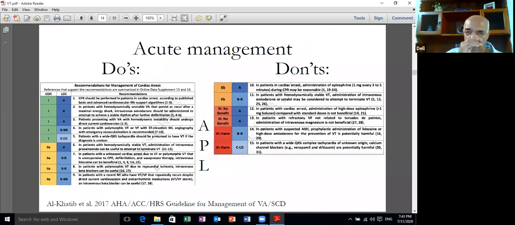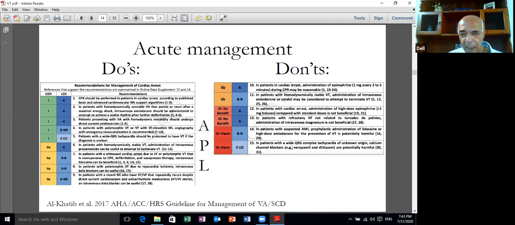Now, the guidelines: I wanted to direct your attention to two or three points. Look at the end of these guidelines, a class 3 recommendation. It says that for a wide QRS complex tachycardia of unknown origin, you are not allowed to use calcium channel blockers. Why is that?